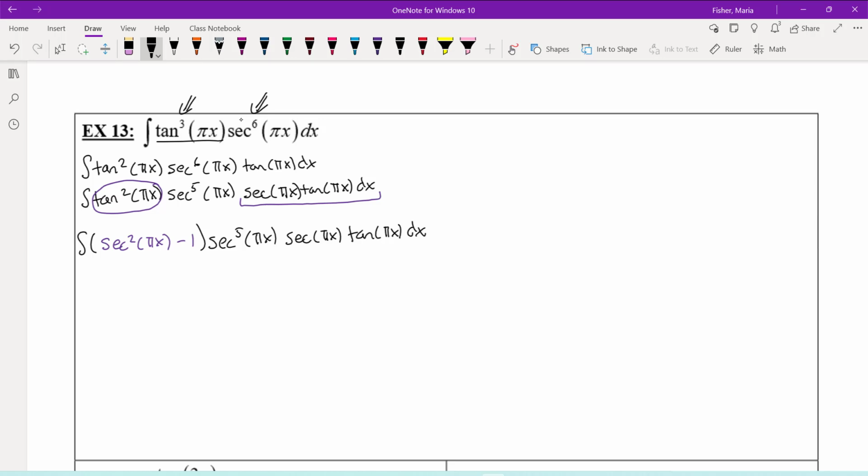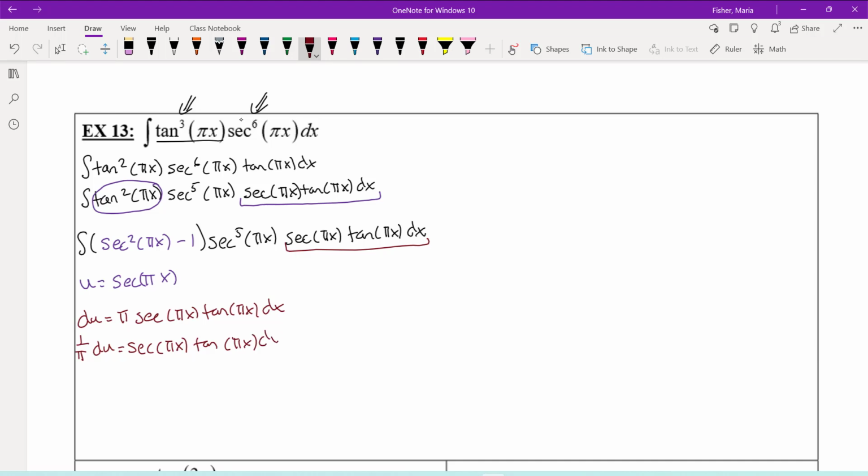Now what we need to do is make the substitution. If u is equal to the secant of pi x, the derivative would be pi times the secant of pi x, tangent of pi x dx. Well, I don't have pi times that, so I divide by pi, and 1 over pi du would equal the secant of pi x, tangent of pi x dx.